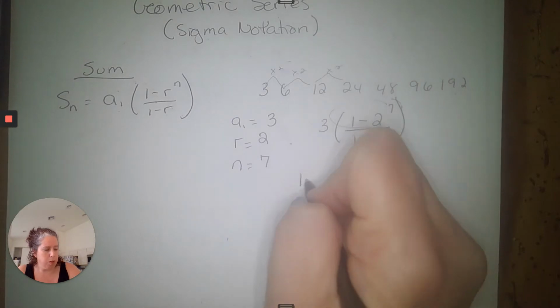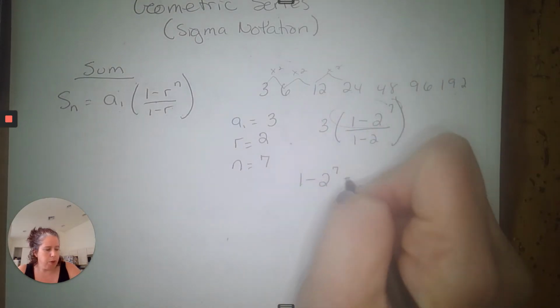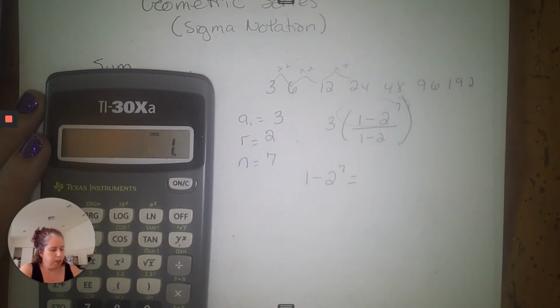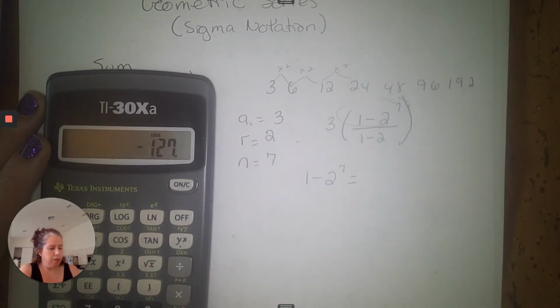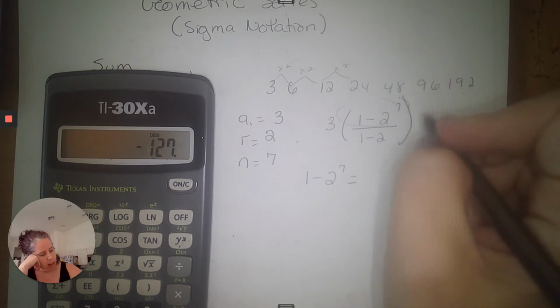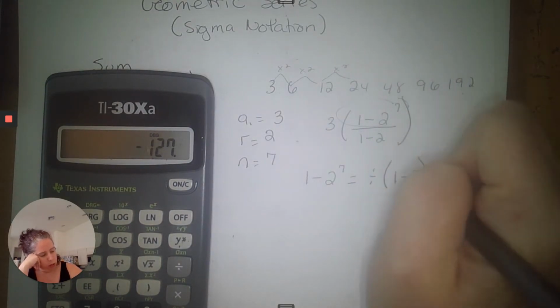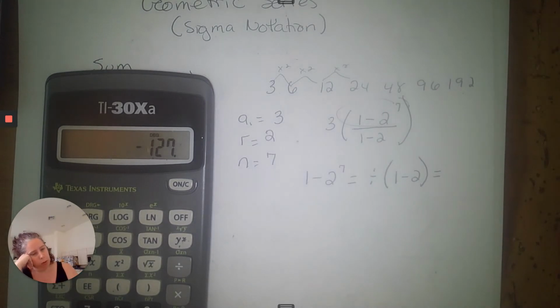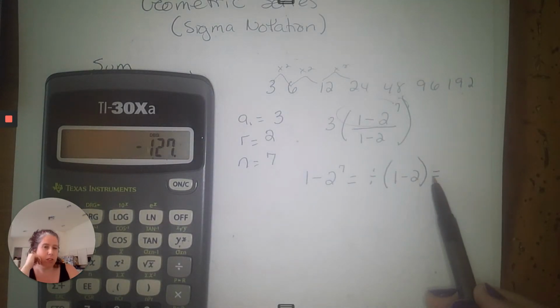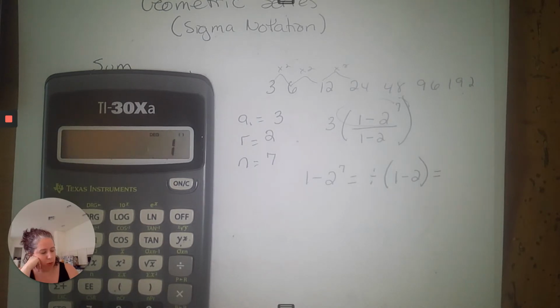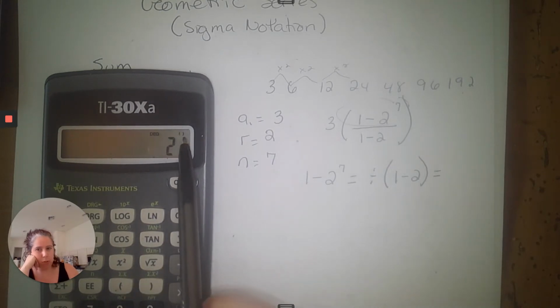Remember we're going to do this first. You go 1 minus 2 raised to the 7th power and hit equals. Then we're going to divide it by parentheses 1 minus 2. Close your parentheses and hit equals. You have to make sure to close your parentheses. You can see your parentheses up there.